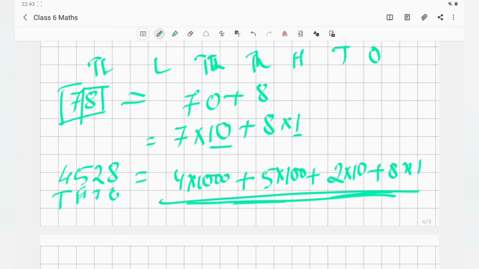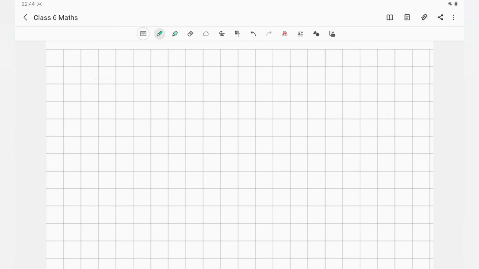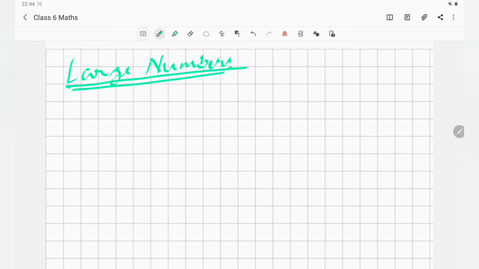It can also be done by making a table. We'll go through it in some time. There's also a concept of large numbers, just so that bigger numbers can be expressed with smaller writings, right? That's a concept that we all have to understand.